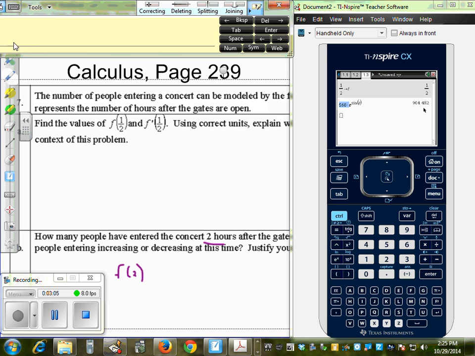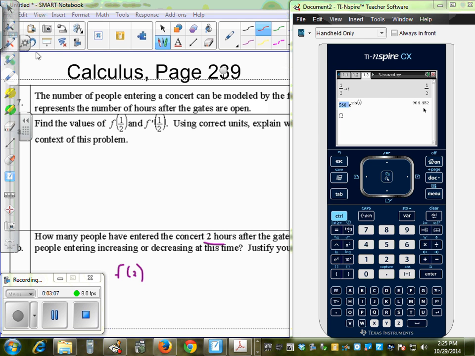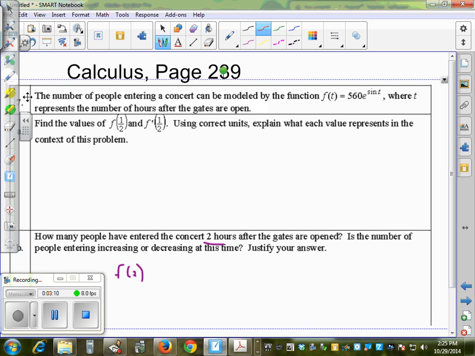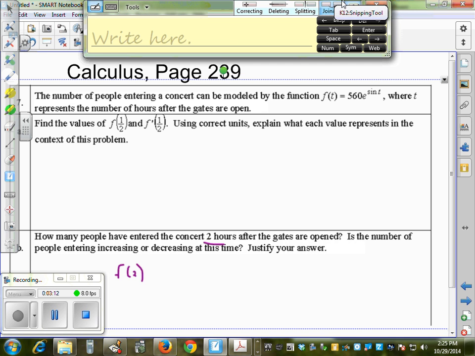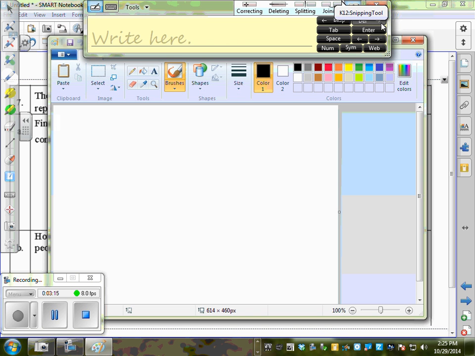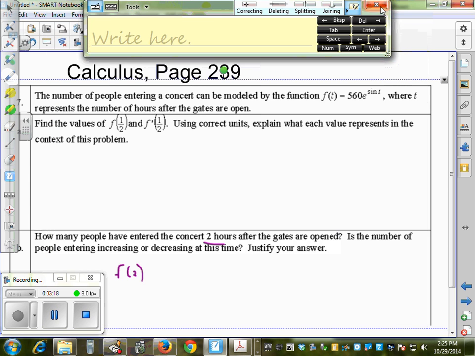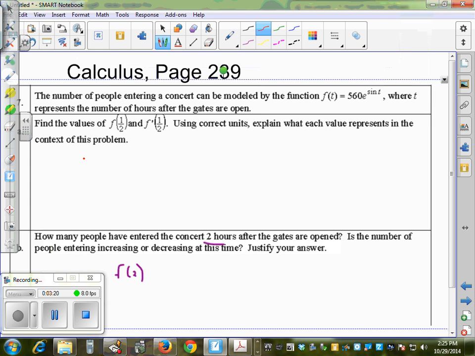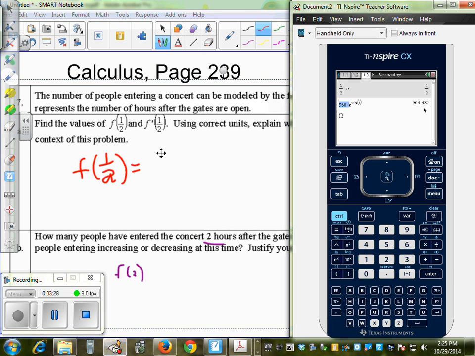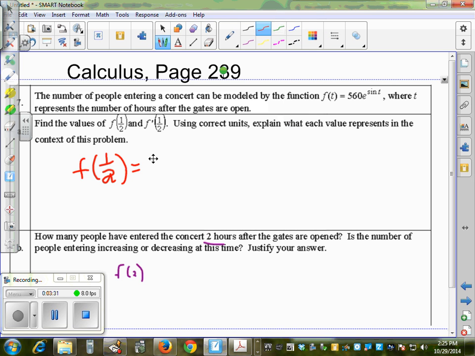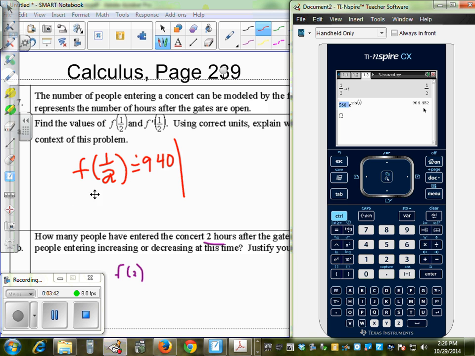So this is telling me the f of a half is approximately 904.